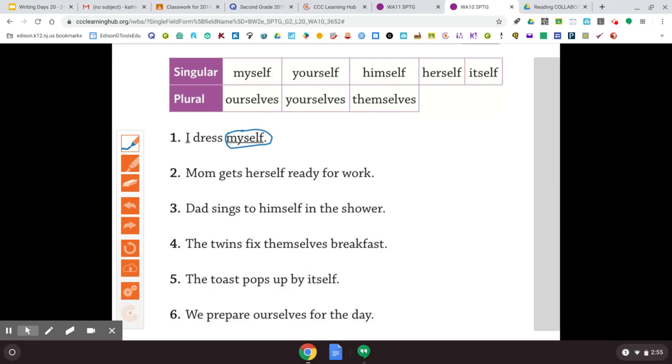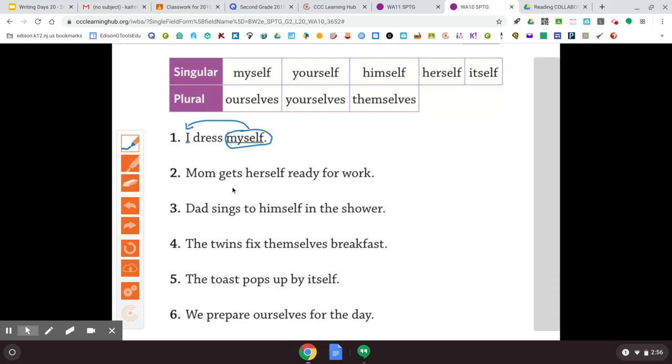The pronoun myself is like an object pronoun. It comes after the verb, but we use it to show that the person we're talking about is the same person as the subject. So I'm going to draw an arrow back here to the word I.